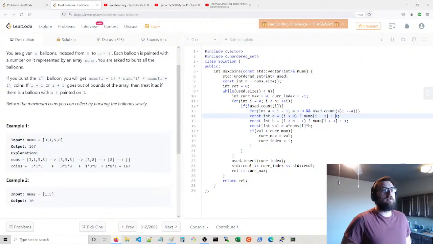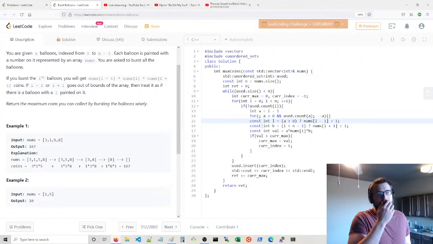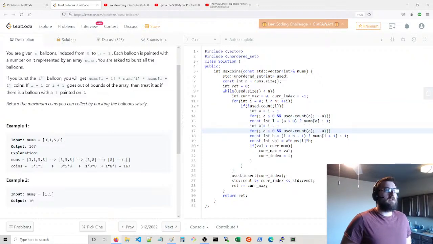Then we could say L: if a is greater than 0, then take nums of a, otherwise take 1, and you do the same thing on the other side for b.